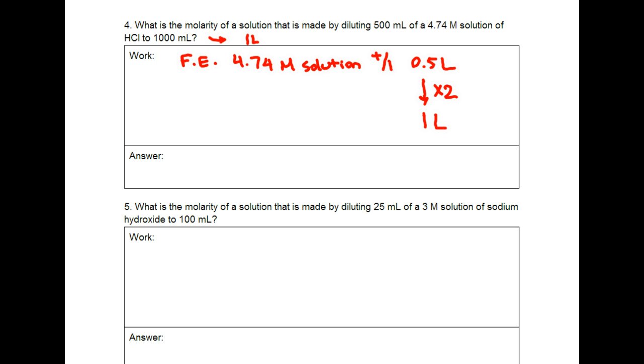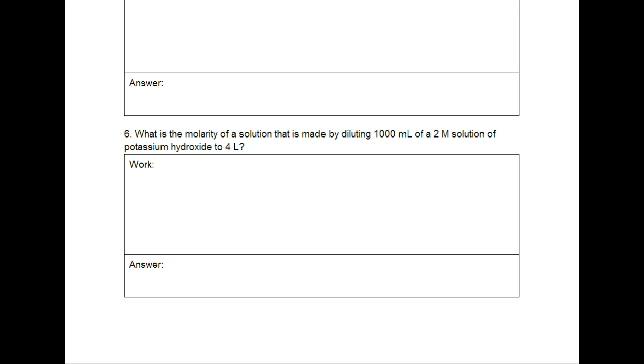So if we're multiplying by 2 on the liter side, the concentration, or molarity, should be divided by 2. So the answer for this is 2.37 molarity. For the next question, it's the same exact way, and molarity is equal to 0.75. And the final question, done the same way as the last one, should be 0.5 molarity.